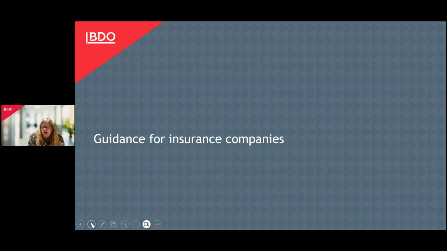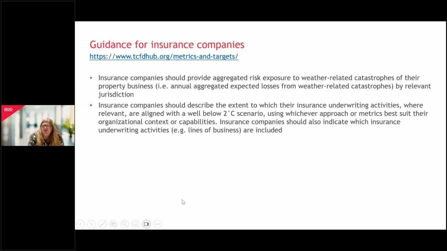There's also some guidance for insurance companies. So insurance companies should provide aggregated risk exposure to weather-related catastrophes of their property business, by relevant jurisdiction. So what is their exposure to these climate weather-related catastrophes?